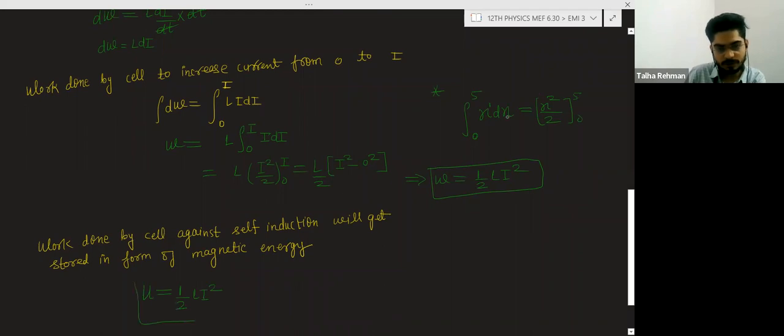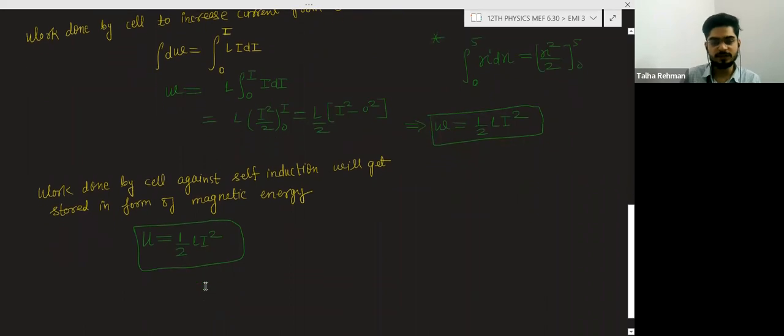So this is the formula for the magnetic energy stored in inductor.